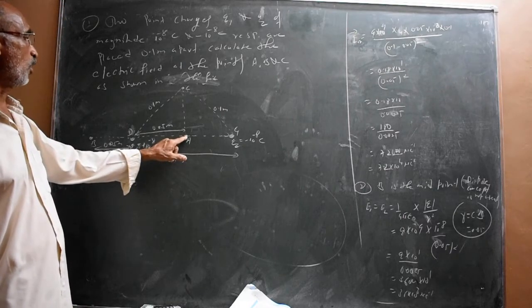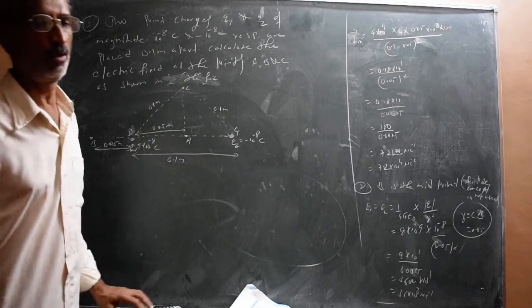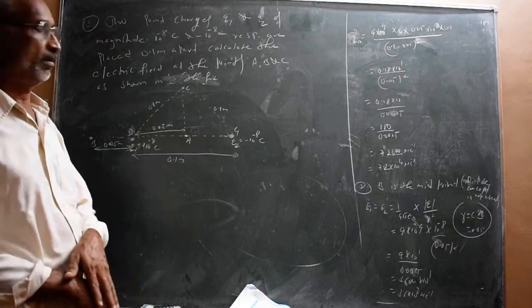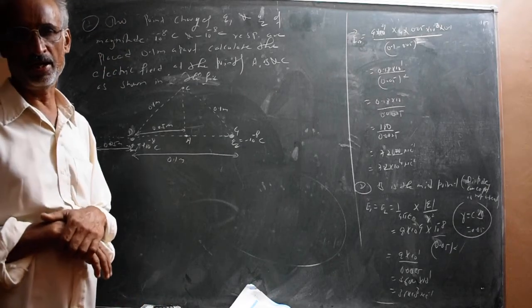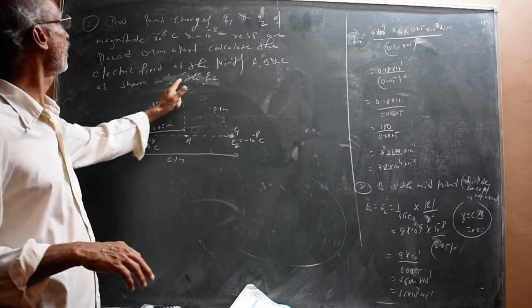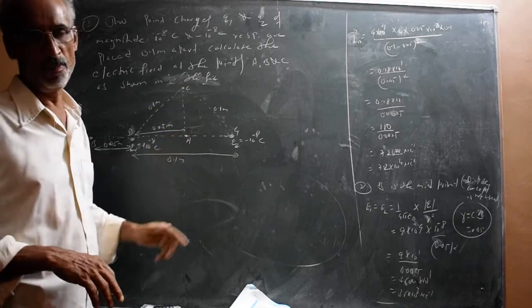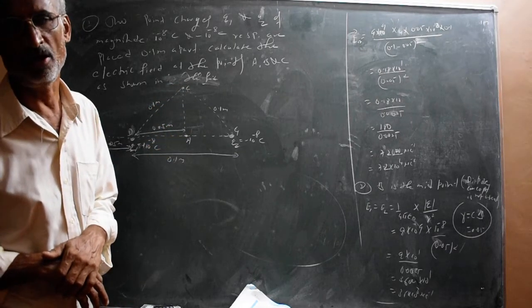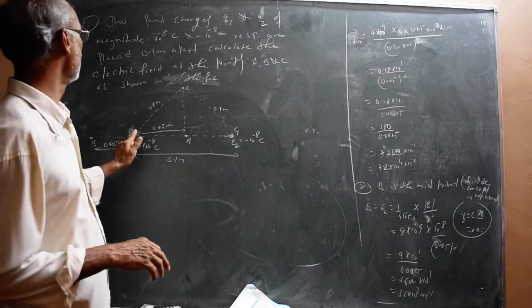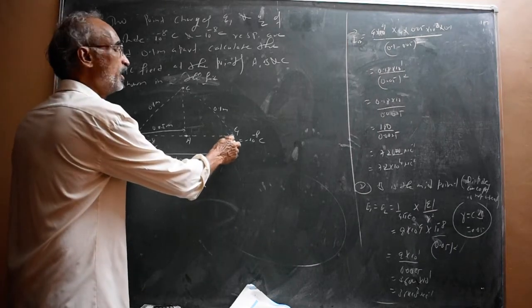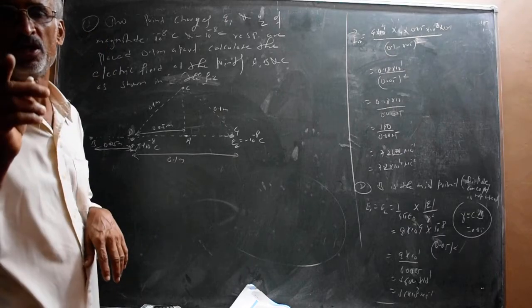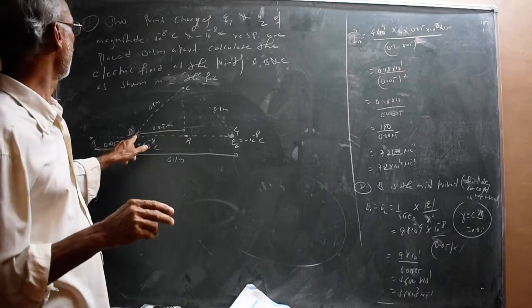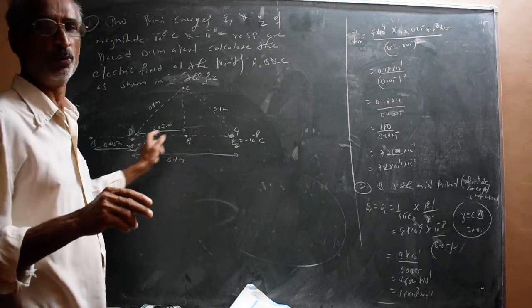First of all, let us work it out. One point is to be remembered. We have derived the electric field at a point on the axial line and at a point on the equatorial plane. But the point on the axial line should not be within Q1, Q2.